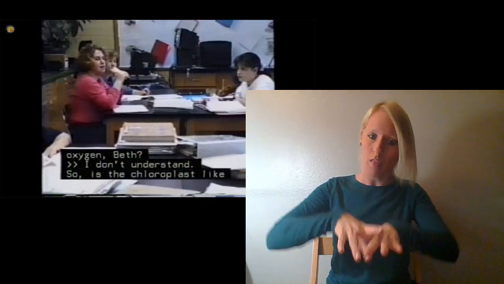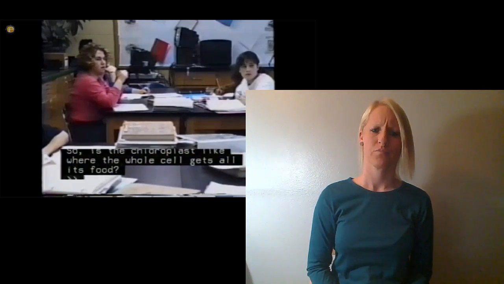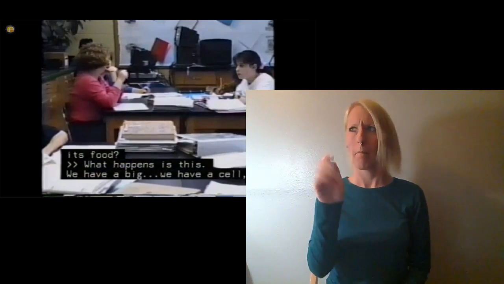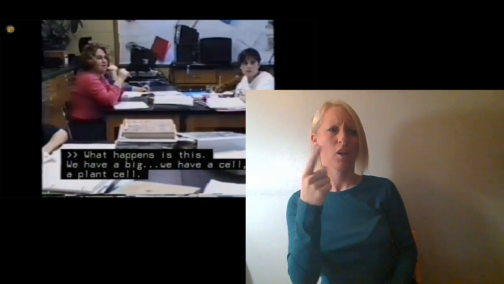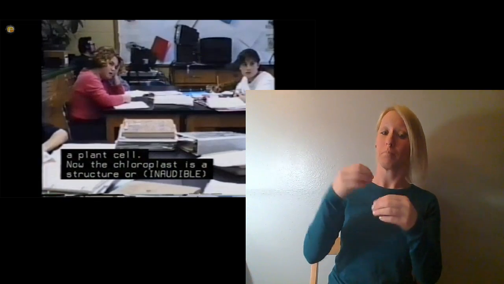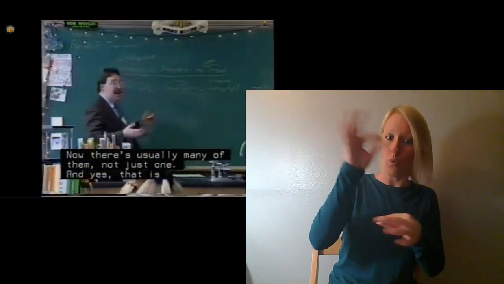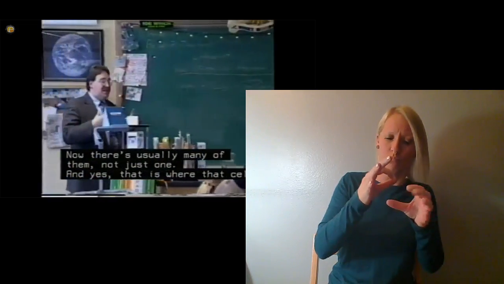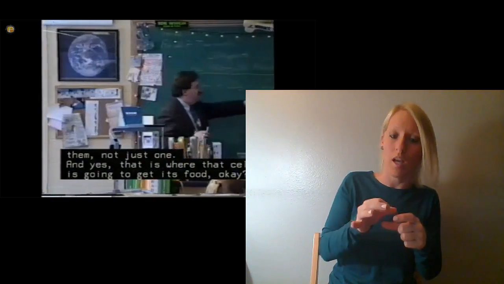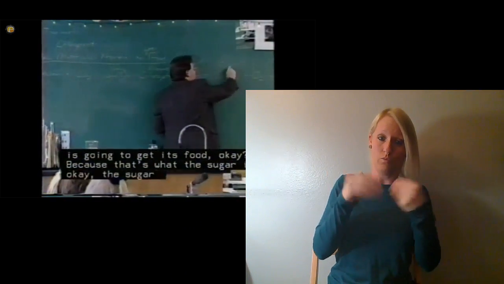So is the chloroplast like when the whole cell gets all this food? Okay. What happens is this: we have a cell, a plant cell. Now the chloroplast is a structure, an organelle in there. Now there's usually many of them, not just one. And yes, that is where that cell is going to get its food, because that's what the sugar is. The sugar acts as food.